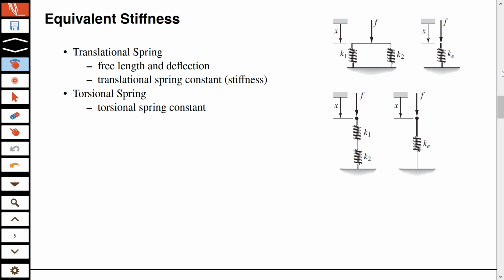So now if you have two springs in series, K1 and K2, and then you apply a force to one of them. Now here, because this end is only connected to K1, so x is the displacement only of K1. No, actually x will be the displacement of both K1 and K2.